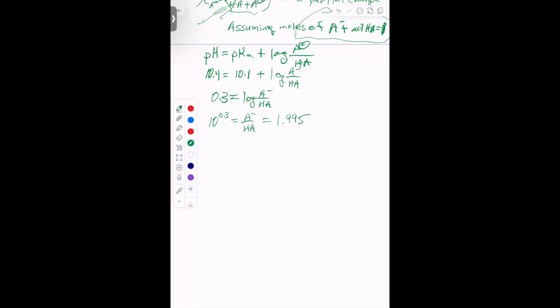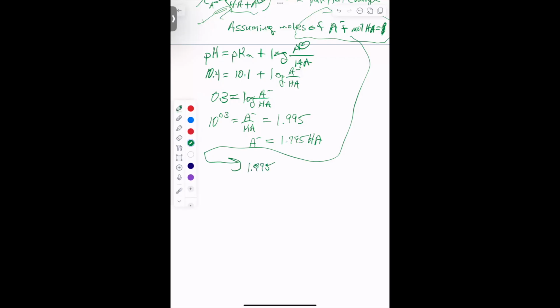So now I can set up a substitution where I can substitute for A minus. I get 1.995 HA.